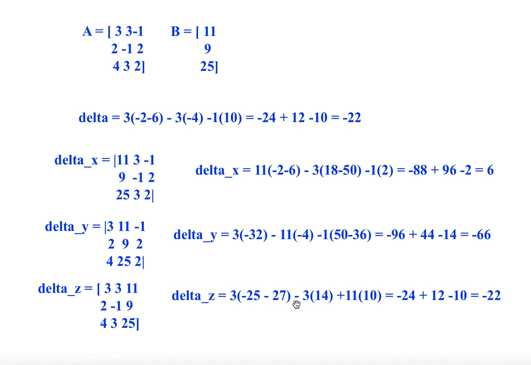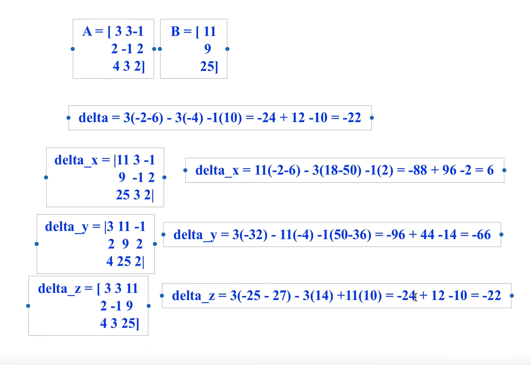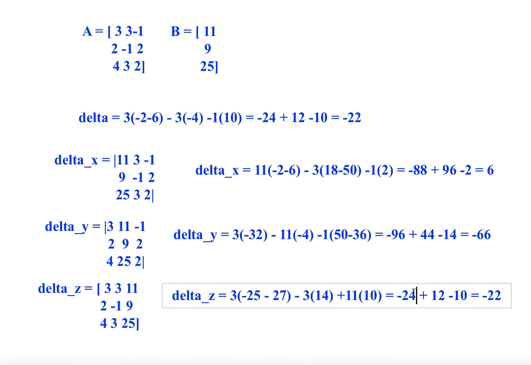Okay. 52. Yes, 52. 52 3 is a 3 2 is a 6. 6. 3 5 is a 15. Minus 156. And then minus 42.